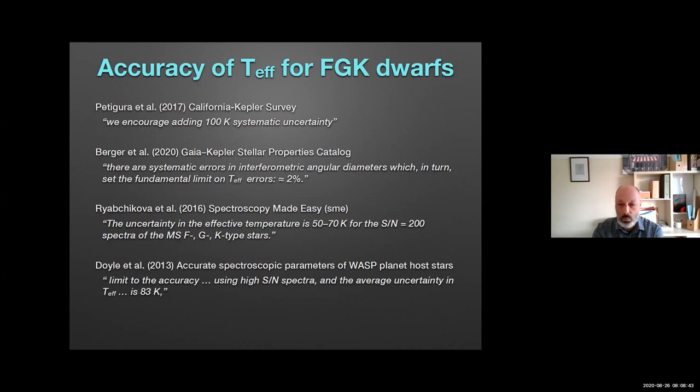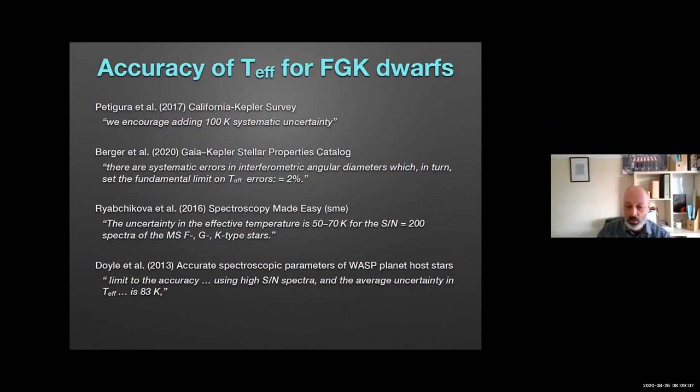If you're working on fewer stars, working very carefully, you've got very good spectra, and you're talking about stars closer in spectral type to the sun, that number will come down maybe to 50 or 70 Kelvin. But that's the level where we are at the moment. Somewhere typically around 100 Kelvin, and you can push down towards 50 if you're working hard.